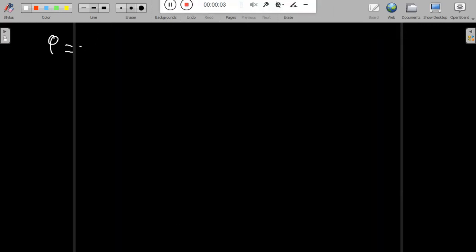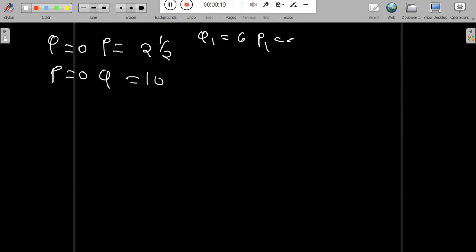So from our data set, when q is equal to 0 the price is 2 1/2, and when p is equal to 0 the value of q was 10. The value of quantity 1 was 6 and price 1 was 4. The q2 was 8 and the price 2 was exactly 1.